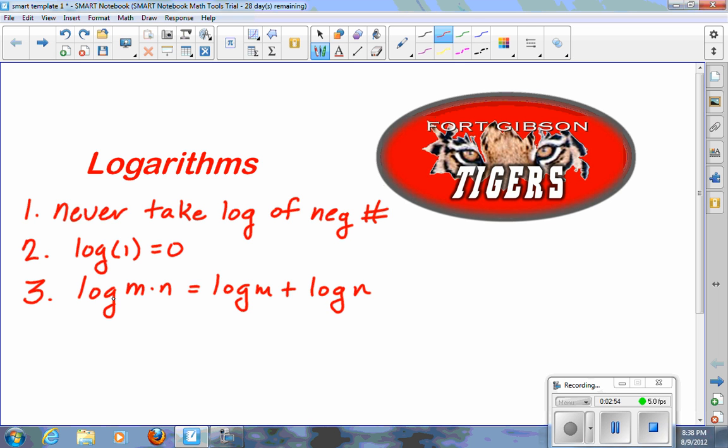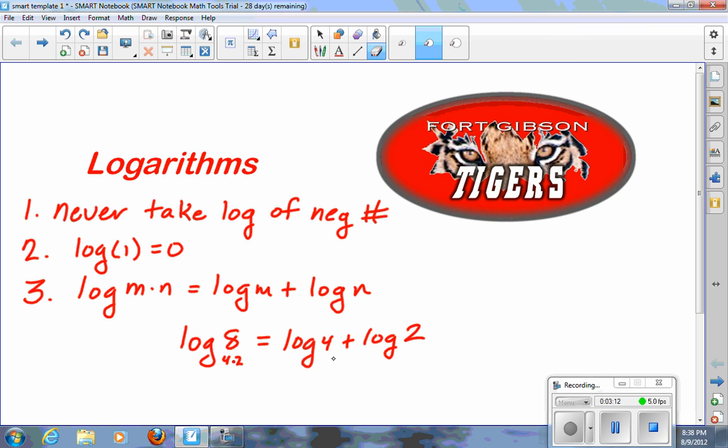So in other words, if I said the log of 8, I could break that up as a log of 4 plus the log of 2. And that's because this is really 4 times 2. Okay, so you're allowed to split up a product as two things that are sums.